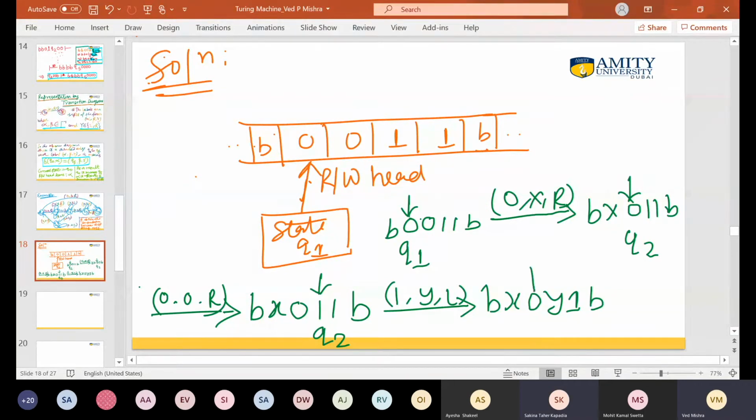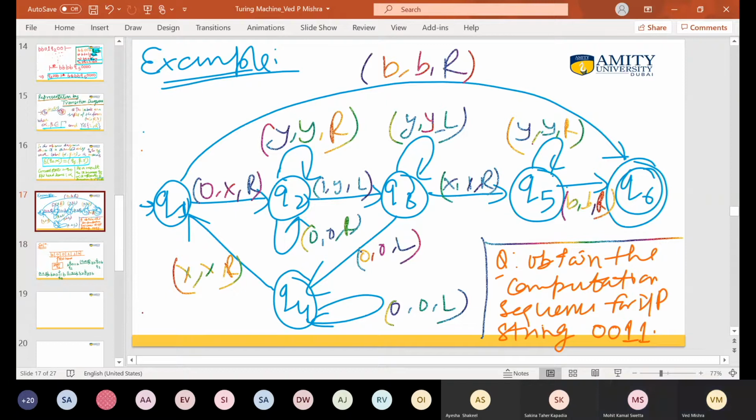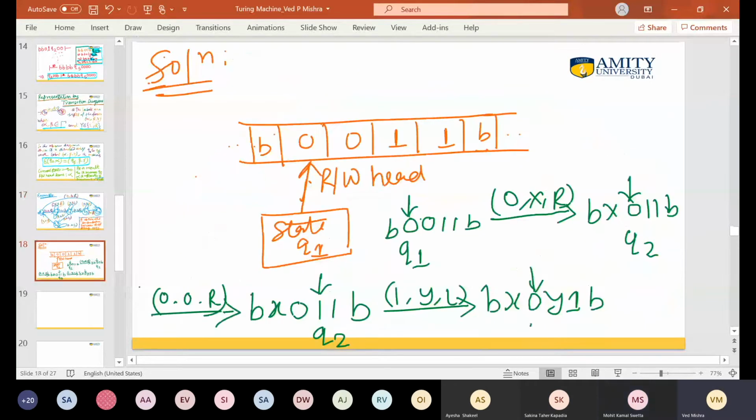So it will come on 0. And your new state is Q4 or Q3? No, Q3, not 4. So Q3. X0, yeah, Q3. Okay.